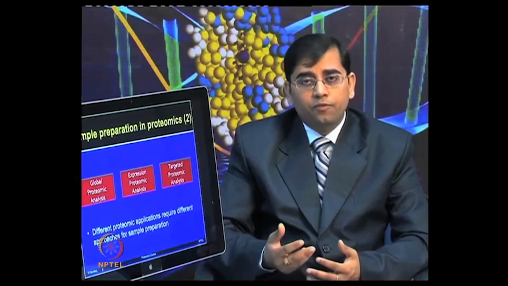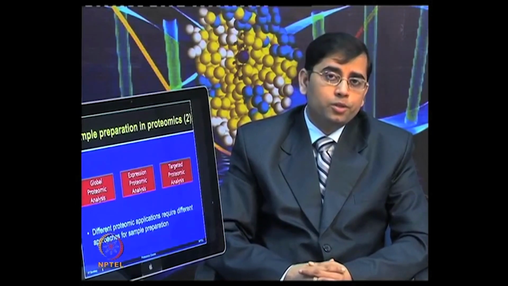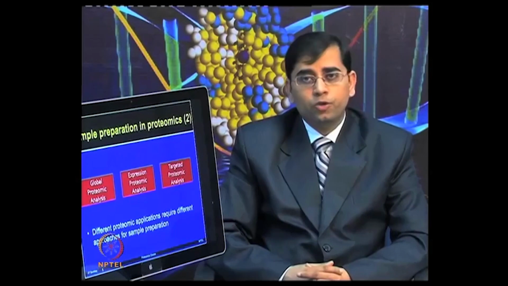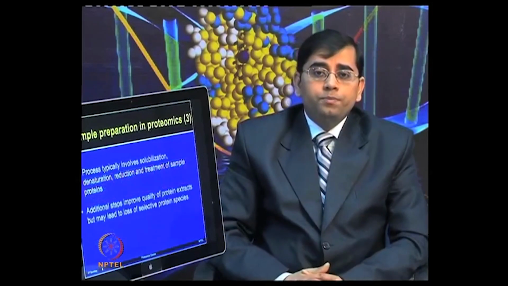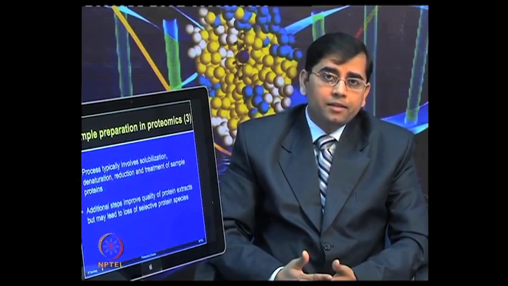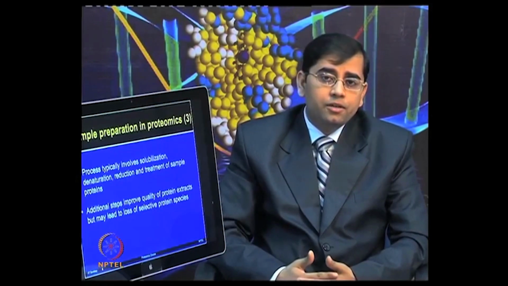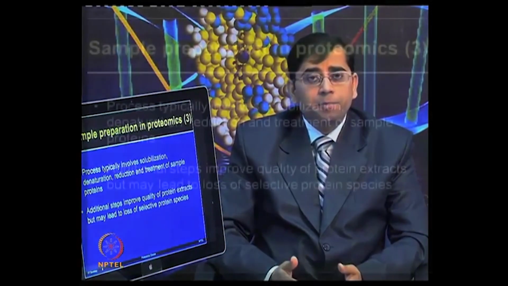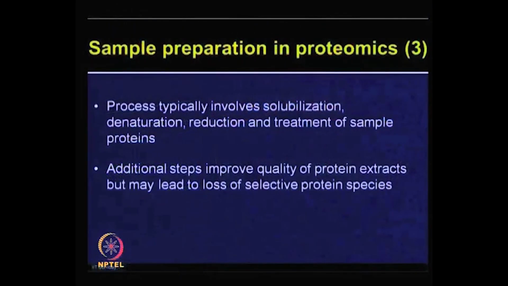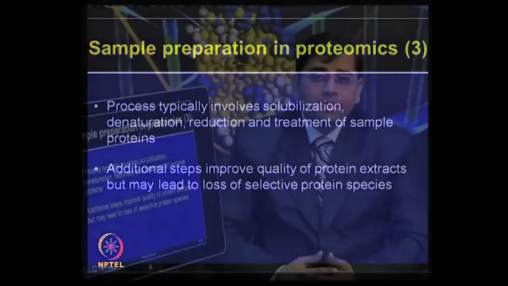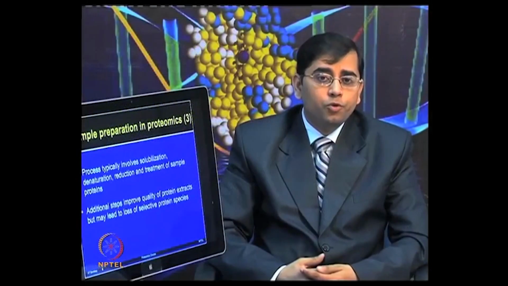So, different types of strategies need to be used to perform these types of proteomic analysis. Now, all of this sample processing involves solubilization, denaturation, reduction and treatment of sample proteins, but you need to include additional steps depending upon the type of samples and your objective, so that the protein quality, the protein extract, can be improved.